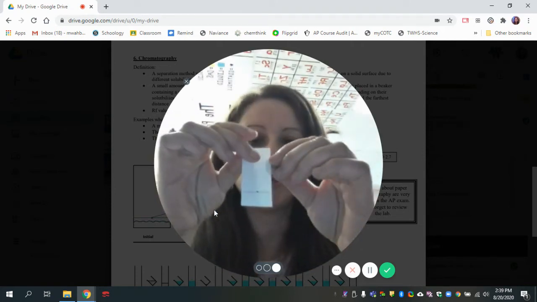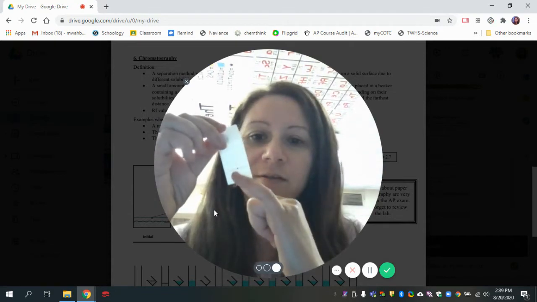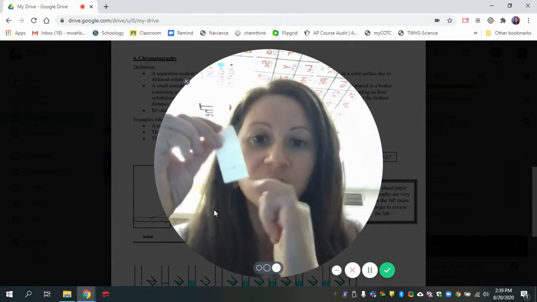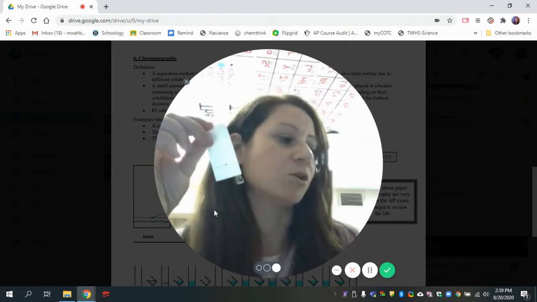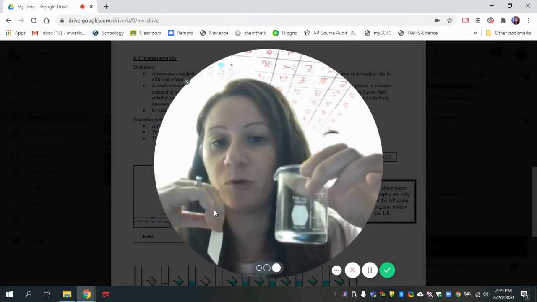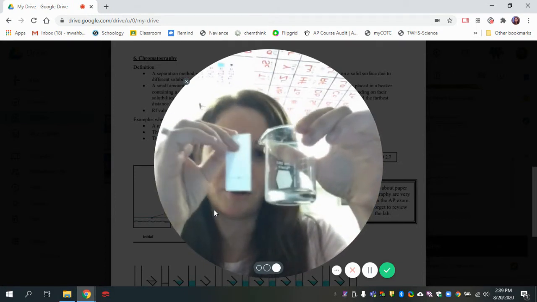And then what you do is you take a solvent that this substance or substances are soluble in. So I'm just going to use water. You can have a chromatography chamber or you can just use a beaker. So I have a beaker and I put a tiny bit of water in here.